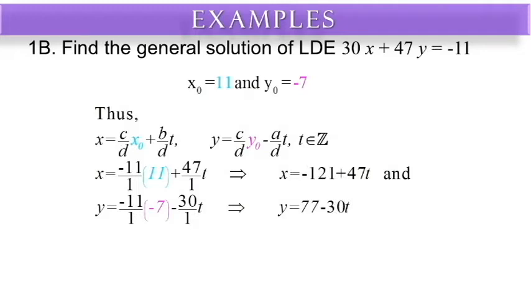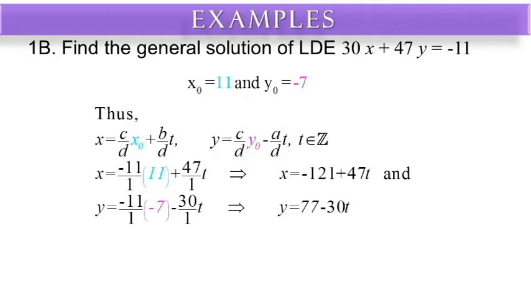So we have x is equal to negative 11 over 1 times 11, which is our x sub 0, plus 47 over 1 times t. And that would be x is equal to negative 121 plus 47t.